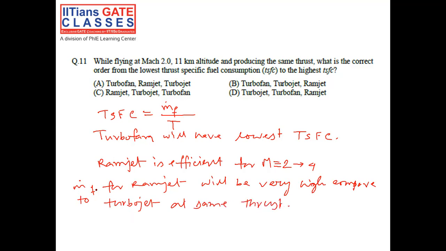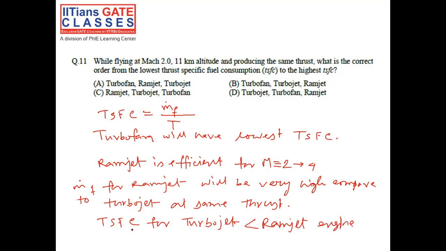And one more thing is that turbojet is highly efficient at Mach number around 2. So for ramjet around Mach number 2, the fuel it will consume is very high compared to turbojet, and that's why the thrust specific fuel consumption for turbojet will be less than that of the ramjet engine.